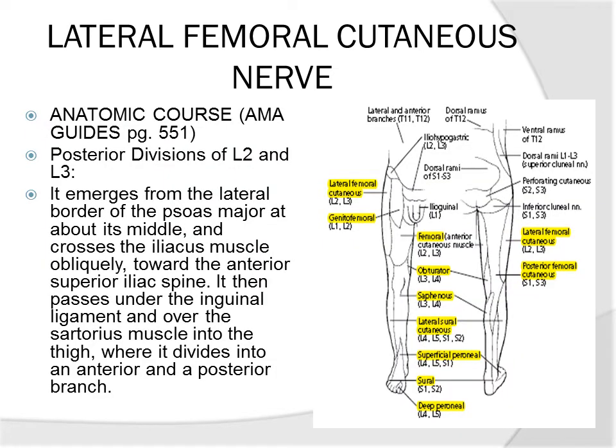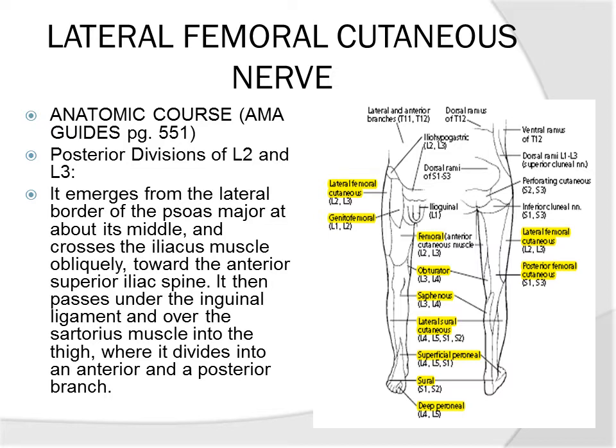Now, according to the AMA Guides, and this is on page 551, where it shows the distribution of the lateral femoral cutaneous nerve, the diagram indicates that the lateral femoral cutaneous nerve arises from the L2 and L3 nerve roots, as we discussed, and it emerges in the pelvis from the lateral border of the psoas major muscle at about the midpoint of the psoas major.